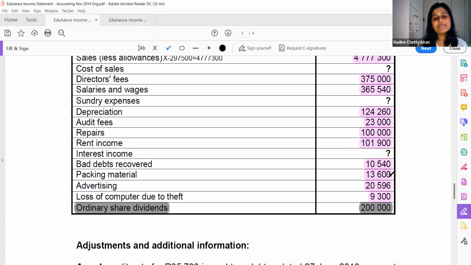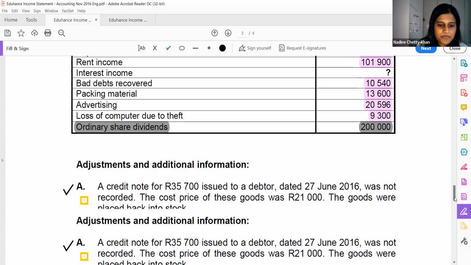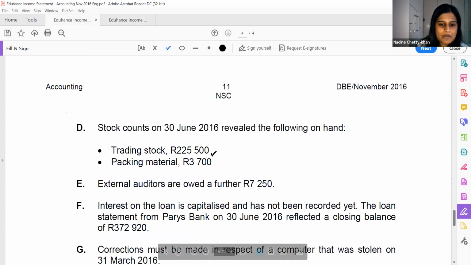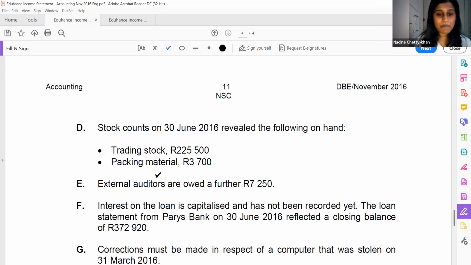Remember, something is expensed only when it has been used. That means you've incurred the expense. That's the accounting term. But if we have an amount of 3,700 still sitting in our warehouse, then that means that not all the amount that we put as an expense is actually an expense. Some portion of it is an asset.